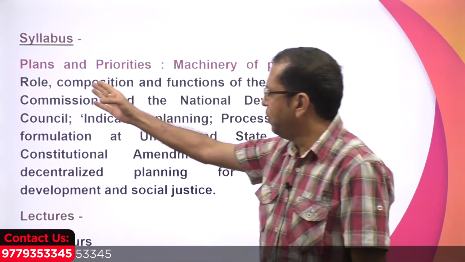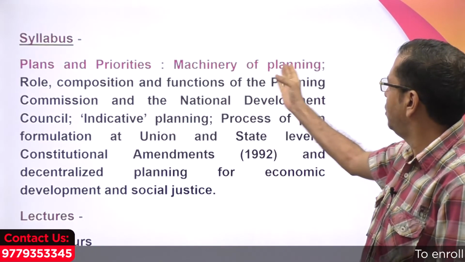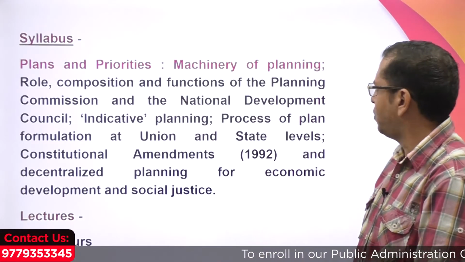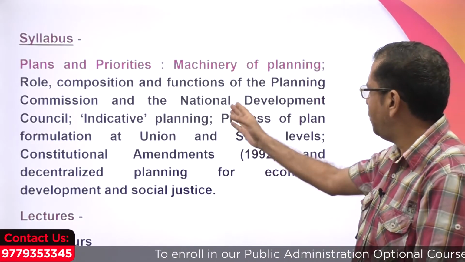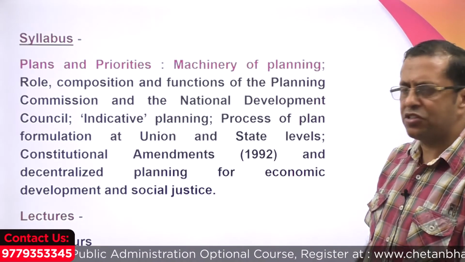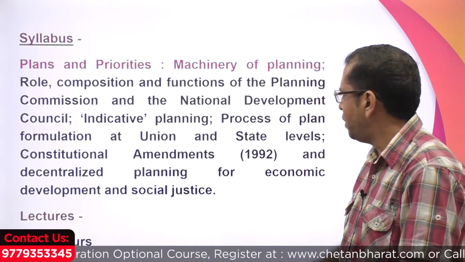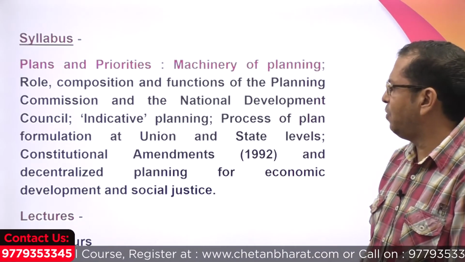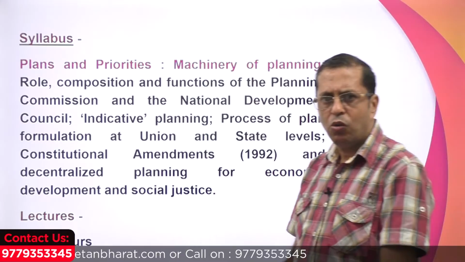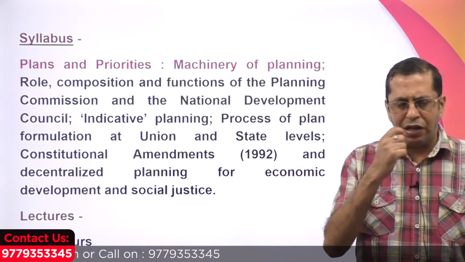We will study the machinery of planning, the role, composition and functions of the planning commission and the National Development Council, indicative planning, process of plan formulation at the union and the state level, Constitutional Amendment 1992. What is Constitutional Amendment 1992?